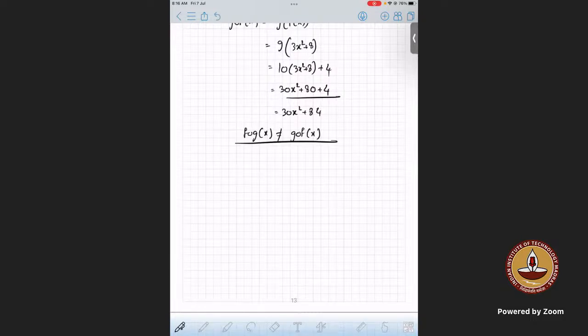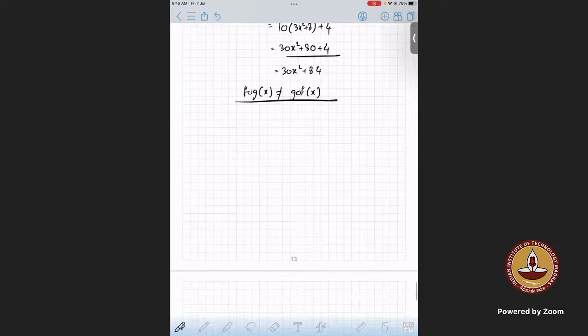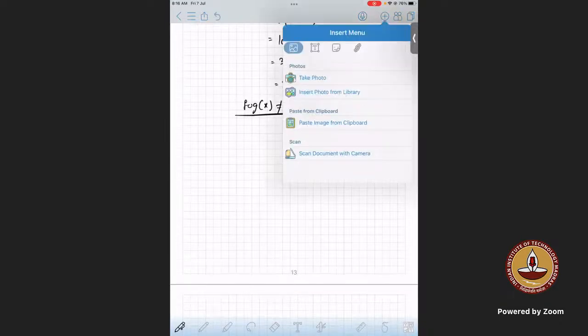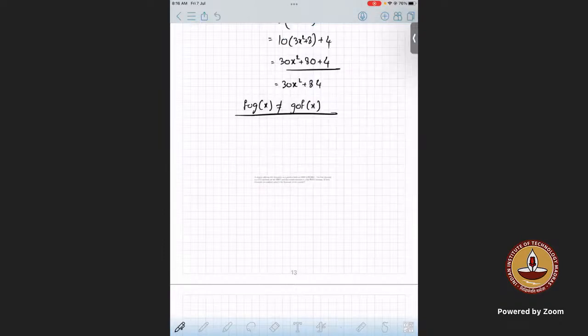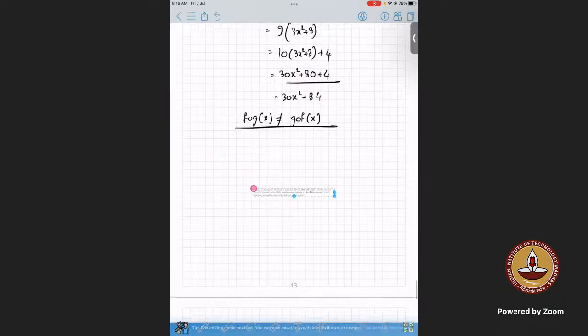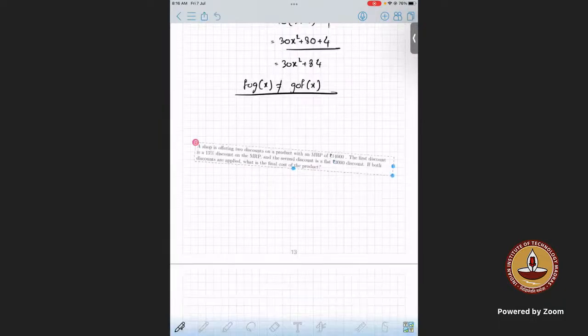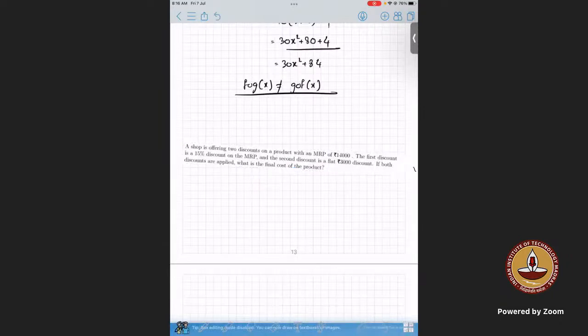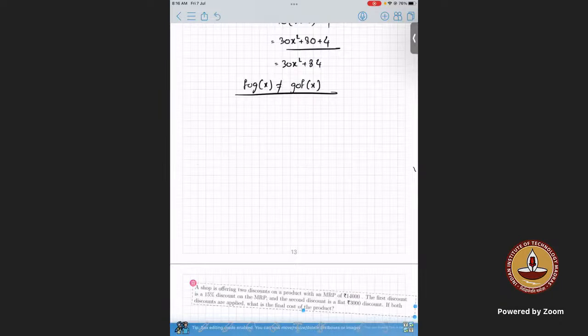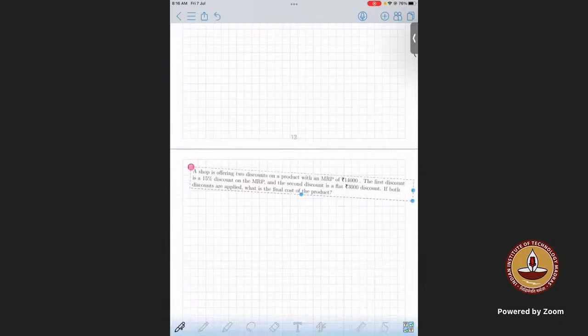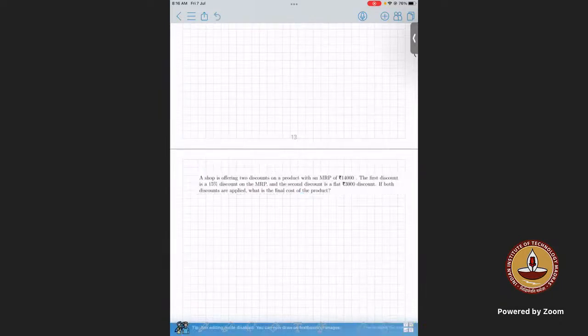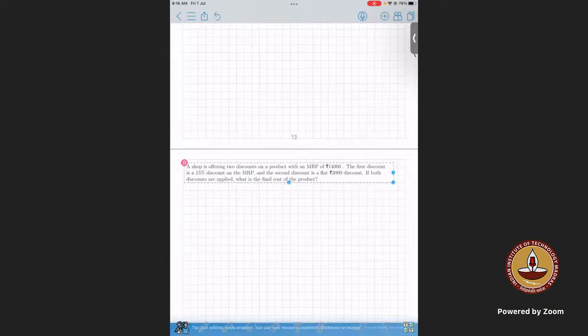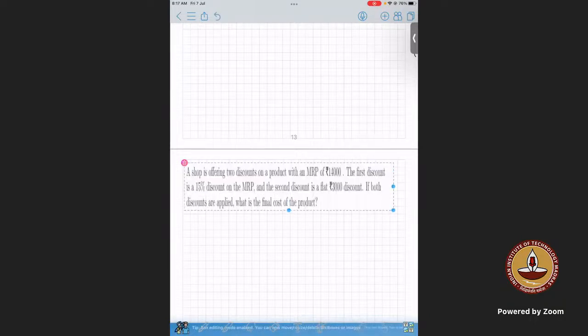Okay. Now we'll solve one problem with some. A shop is offering two discounts on a product with an MRP of 14,000.